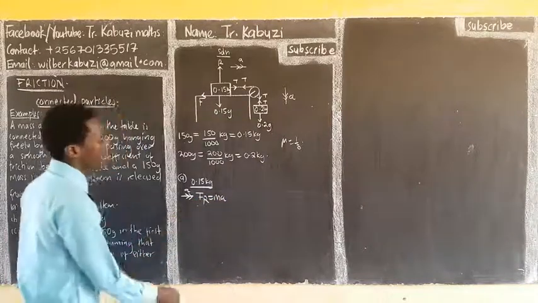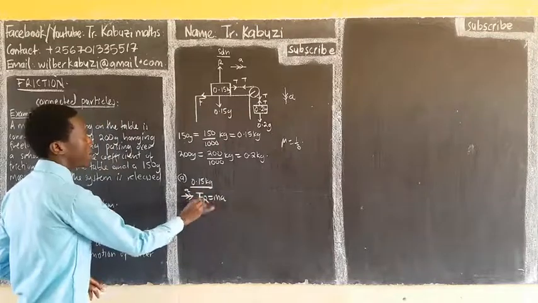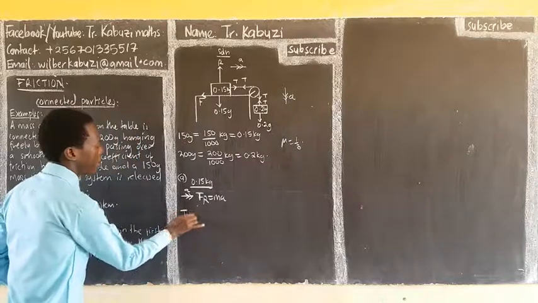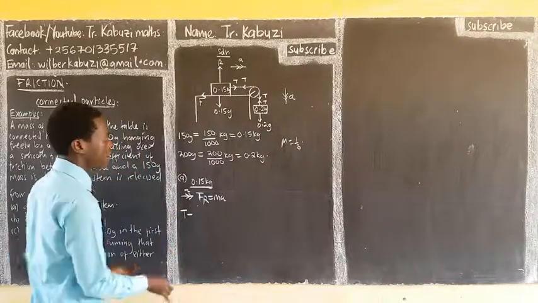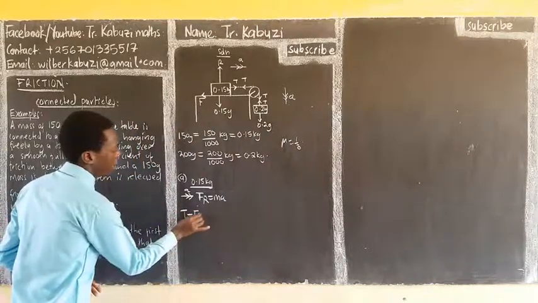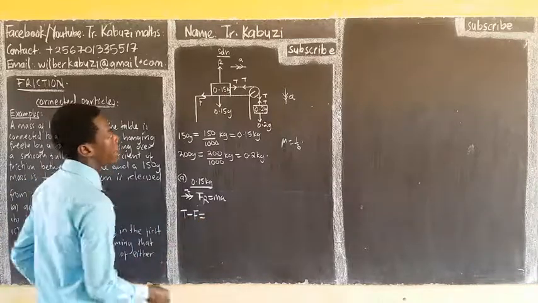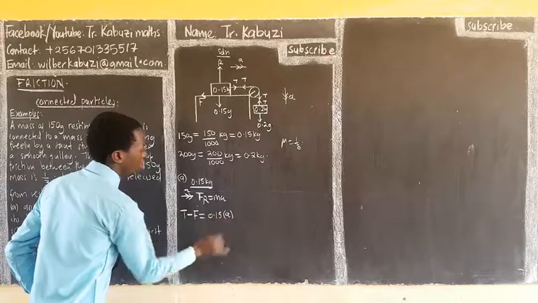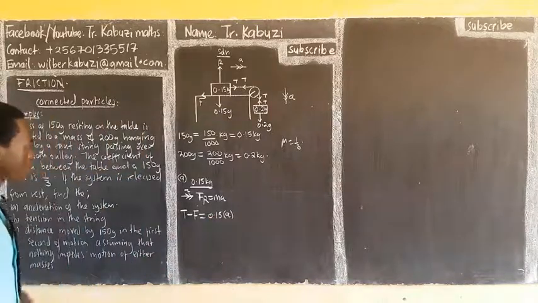So the resultant force, what is pushing in that direction is going to be our T, then minus this force which is opposing, F, will be equal to m, the mass which is 0.15, and the acceleration we don't know.